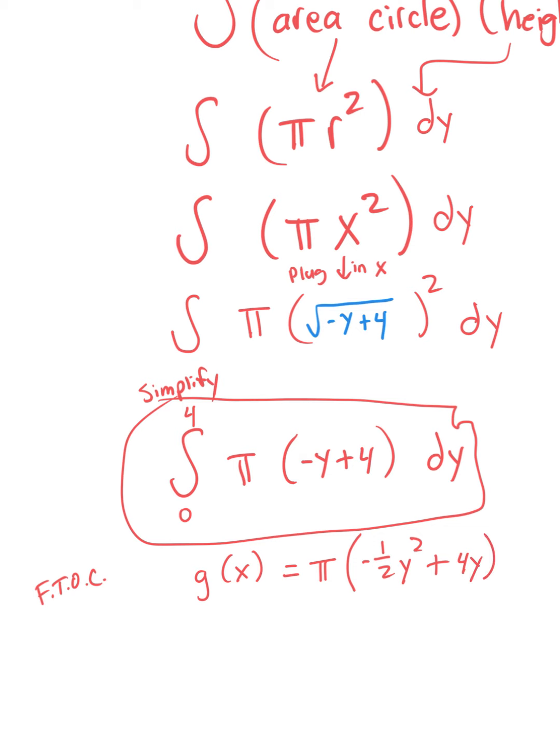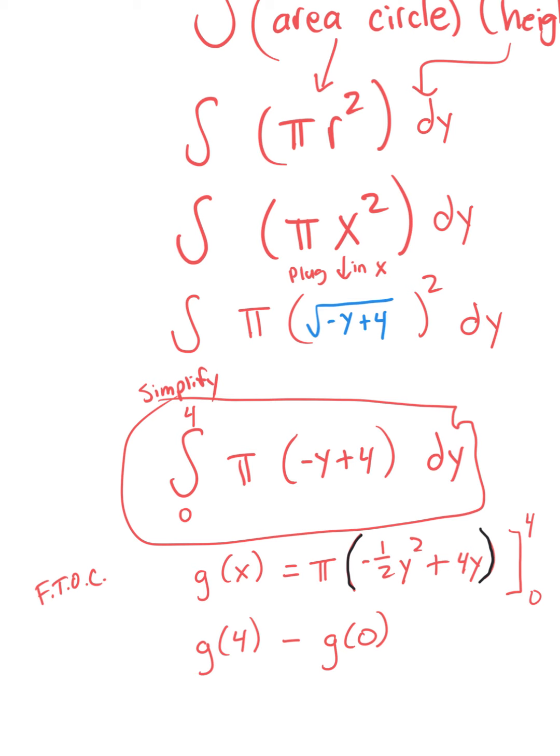Make sure that you put parentheses around that so the pi gets distributed. And then, of course, we use a bracket to bring along our limits of integration. Second step, fundamental theorem of calculus: we plug 4 into the antiderivative, and then we plug in 0 into the antiderivative. It's always upper minus lower.